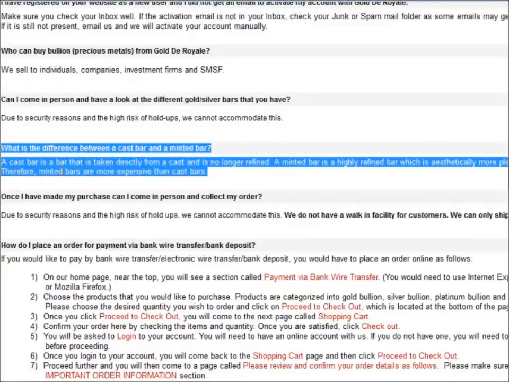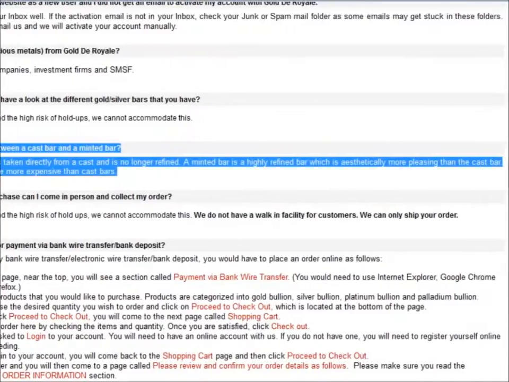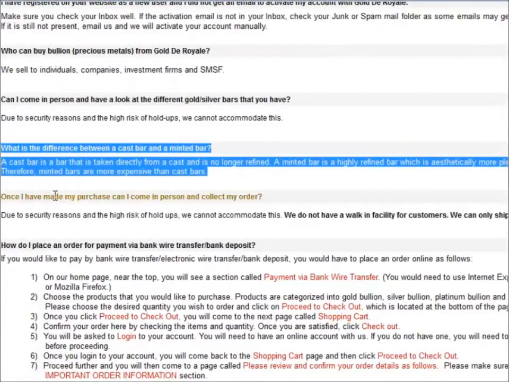A cast bar is a bar that is taken directly from a cast and then is no longer refined. A minted bar is a highly refined bar, which is aesthetically more pleasing than the cast bar, and therefore minted bars are more expensive than cast bars.